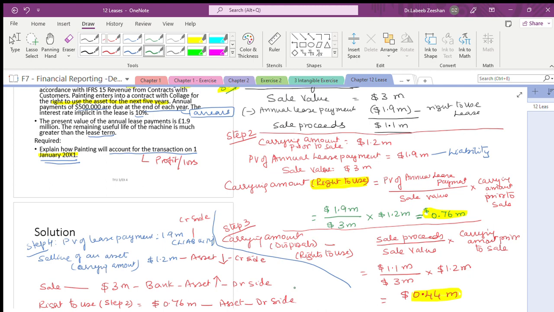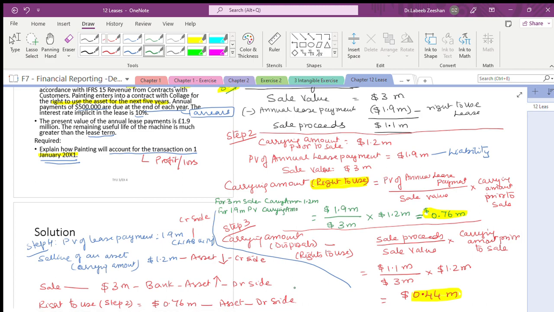See, for 3 million sale, carrying amount is how much? Carrying amount is 1.2. For 1.9 million present value, carrying amount is how much?